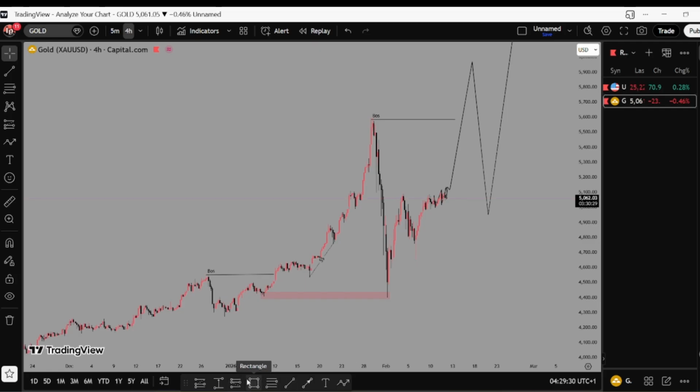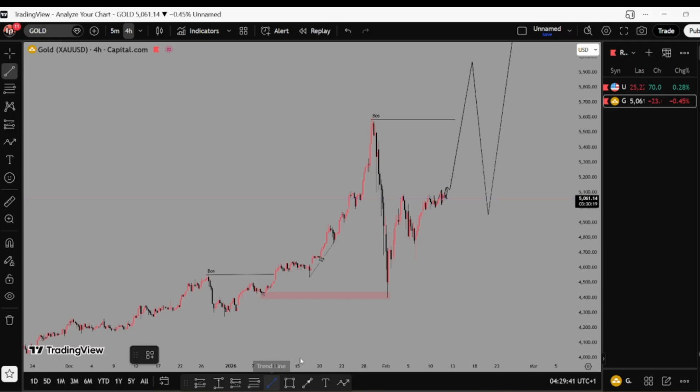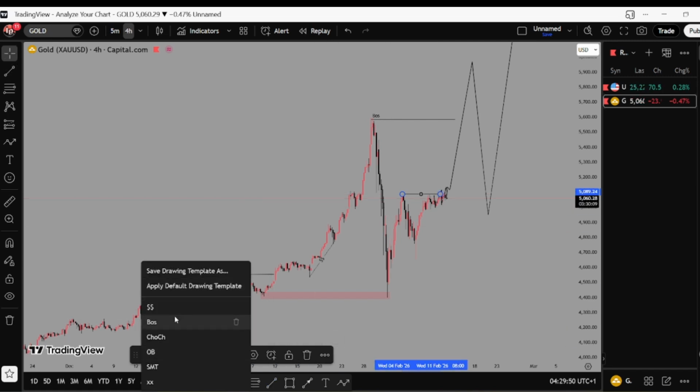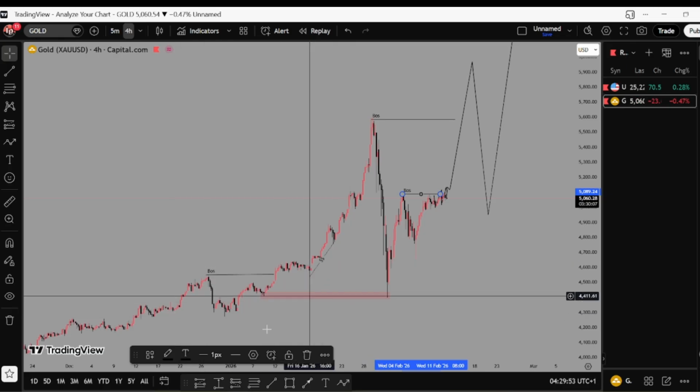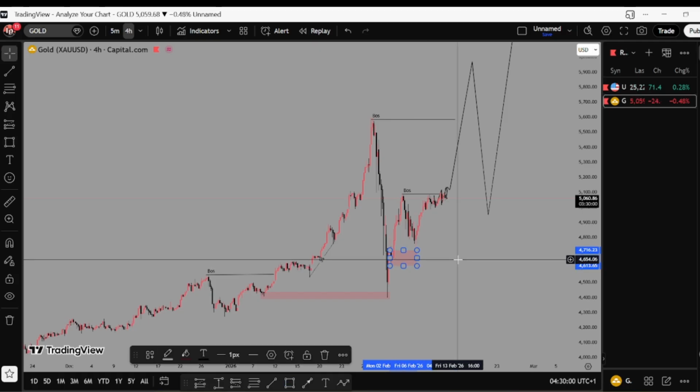If I'm looking for anything on this, I will probably want to look for a buy at this range, since I got this range, which is my current lower time frame BOS. Then I have this as my demand zone, which is my buyer zone.